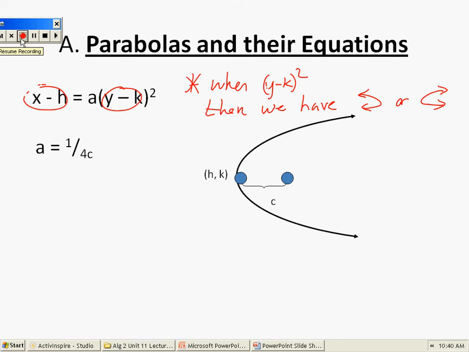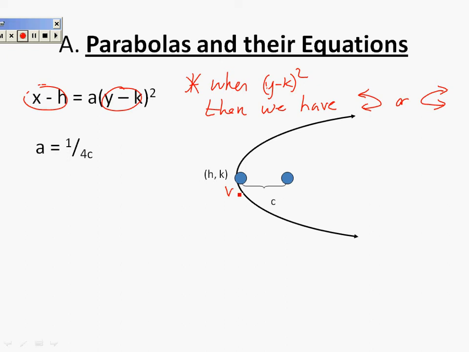So to continue here, C is still the distance between your vertex and your focus, and the direction thing still applies, but the directions are different. If you're going to the right, like this one, then C is positive. If you have a parabola that's going this way, then to go from your vertex to your focus, you'd have to go to the left, which would make C a negative number.